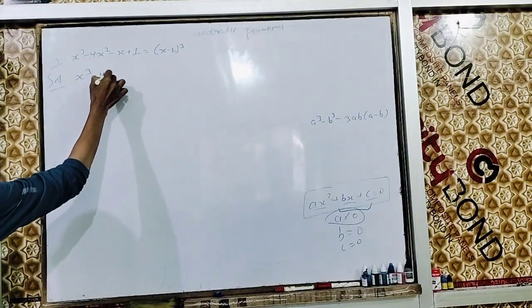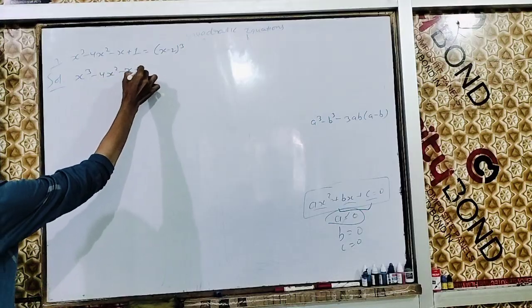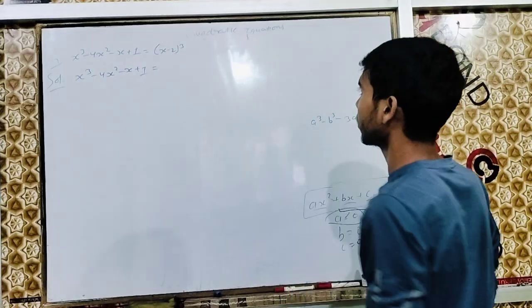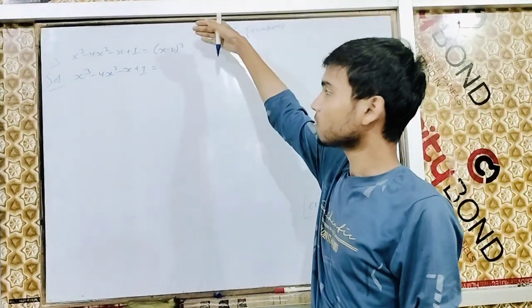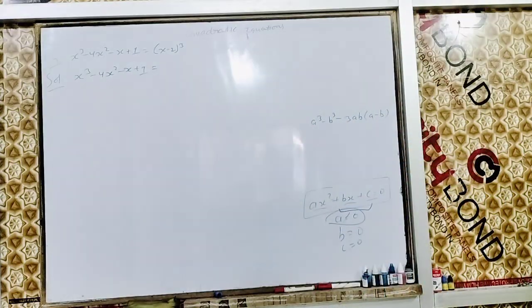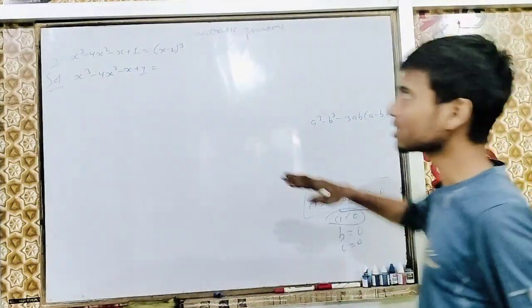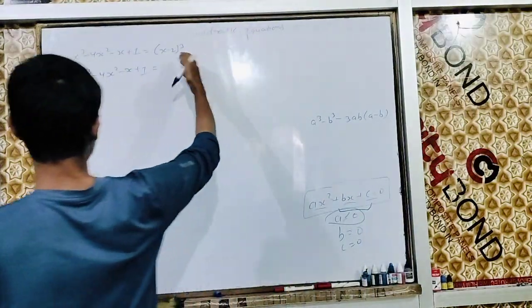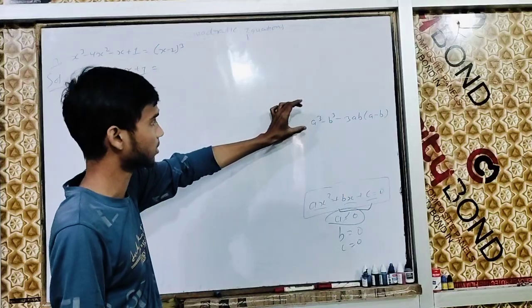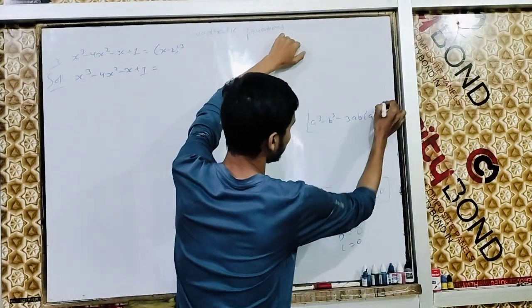X cube minus 4x square minus x plus 1. Now, yeah, there is a requirement. We can simplify this further because it is giving us an option. Here a minus b raised to power 3, and here the operator is negative. That's why the algebraic identity would be this.